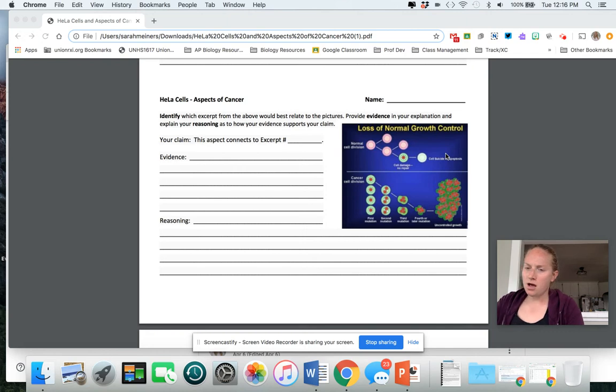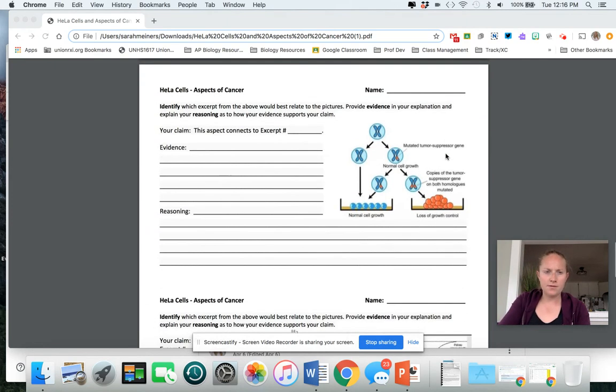All right, next one we have this picture. This one would best fit with number 2 or 4 because yes, we have P53 happening again, and it shows in here a mutated tumor suppressor gene, which allows the copies that are mutated, but it's also showing this clump of cells, which is showing a lack of contact inhibition.